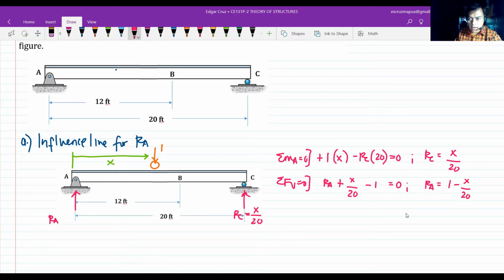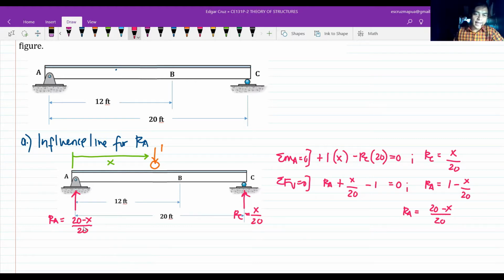Or we could say, common denominator is 20, so this would be 20 minus X. So RA is 20 minus X over 20.